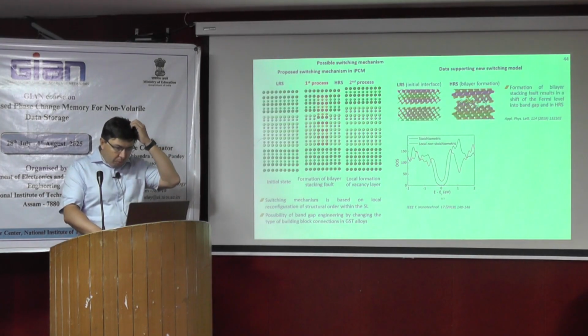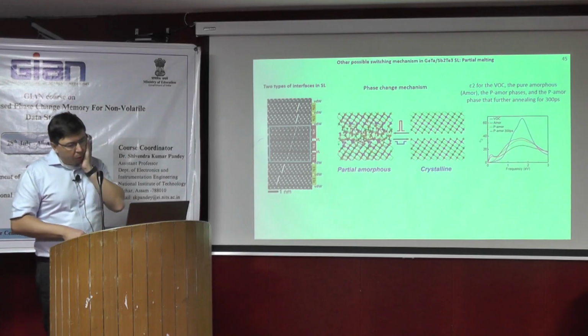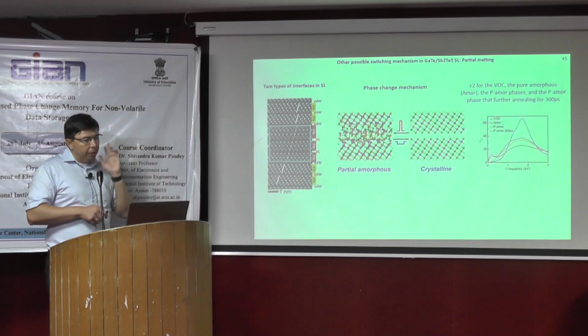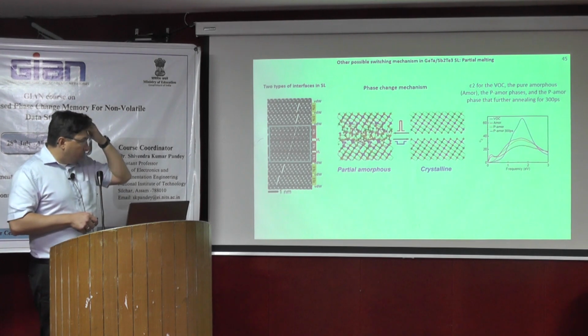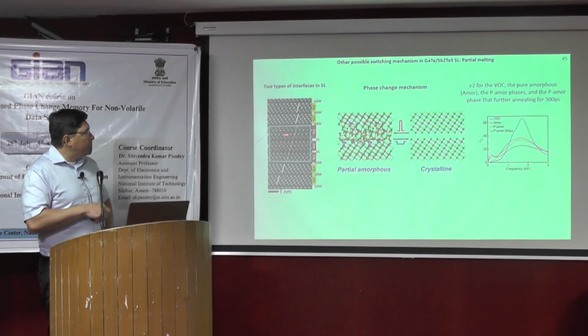So this old information can also be useful if you want to consider other switching mechanisms as proposed in our publications. Here they consider the partial amorphization of such vacancy layers, so van der Waals type gaps.